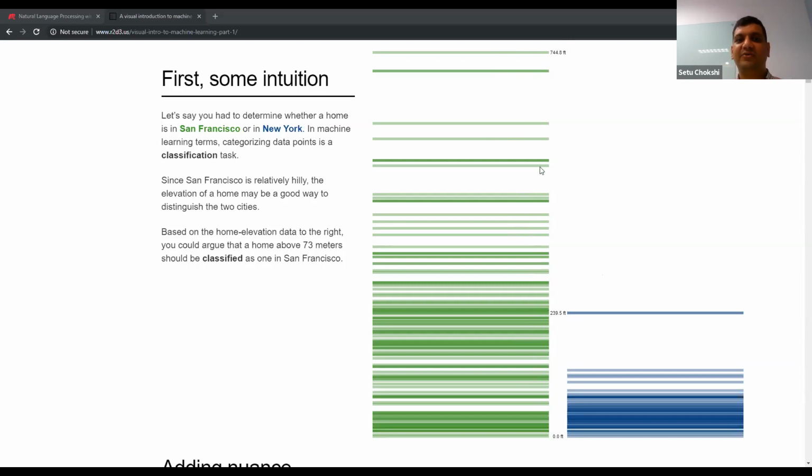So if I were to do a simple classification with just this one attribute, what is the cutoff point on elevation that you can give? There are a couple of options in there. Just a simple thought. You can post your questions on Slack.